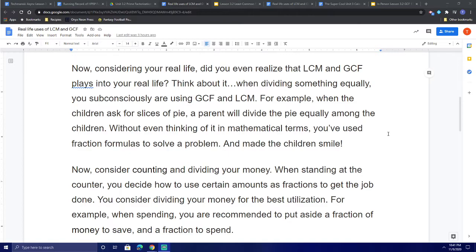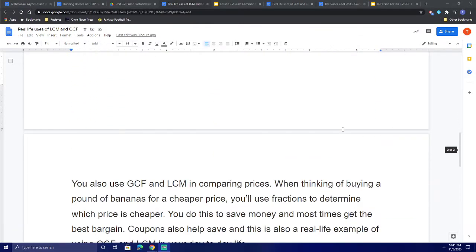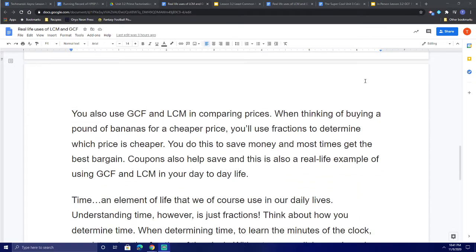Now consider counting and dividing your money. When standing at the counter, you decide how to use certain amounts as fractions to get the job done. You consider dividing your money for the best utilization. For example, when spending, you are recommended to put aside a fraction of money to save and a fraction to spend. You also use GCF and LCM in comparing prices.